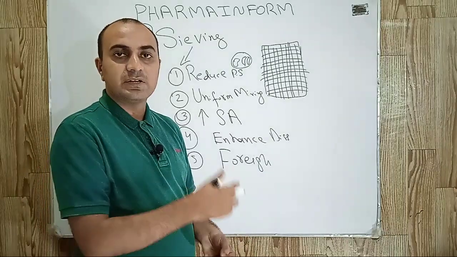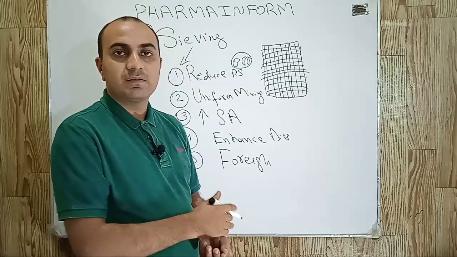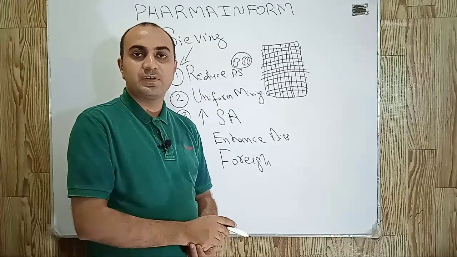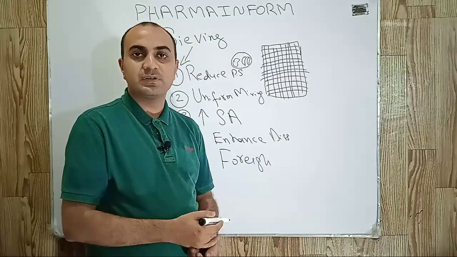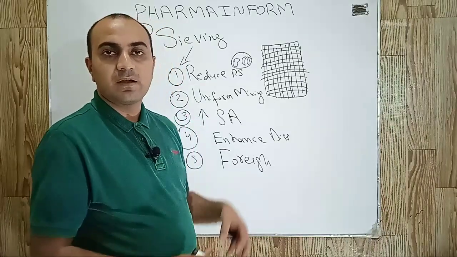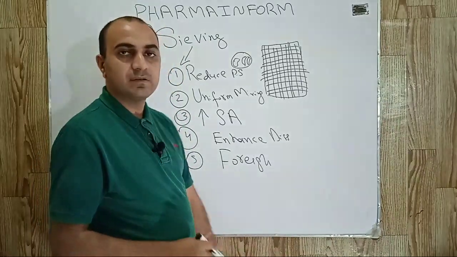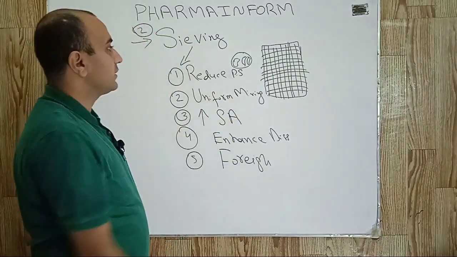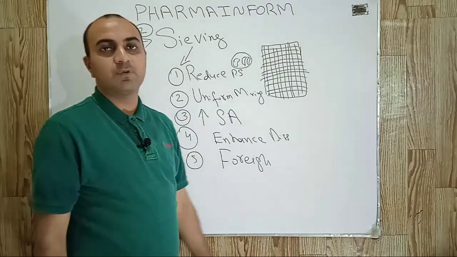On the basis of that assessment, if it is okay, we can use it. If it is not okay, a deviation will be raised and we will not use that material. So I hope you can easily understand the sieving process.